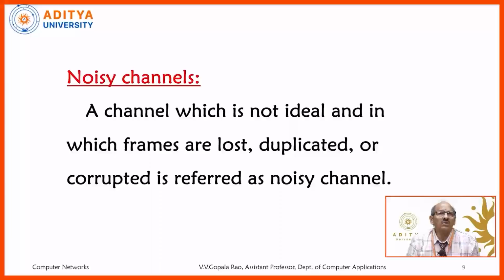Here also we have to be familiar with the protocols available. Even though we have problems like frames lost, duplicated, or corrupted, we have certain protocols by which you can control the flow.